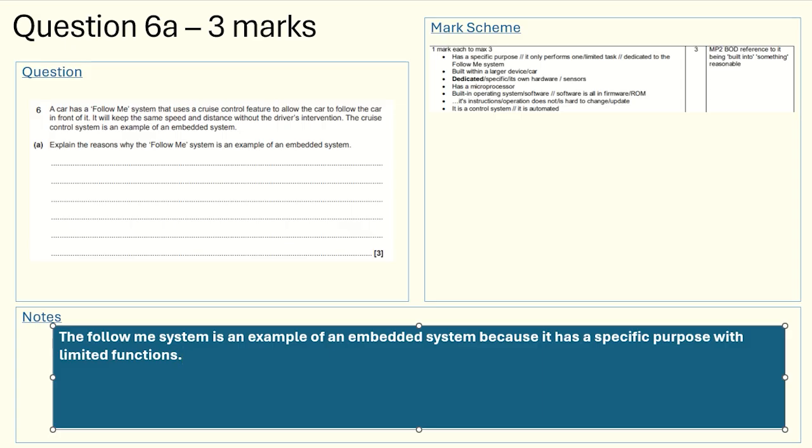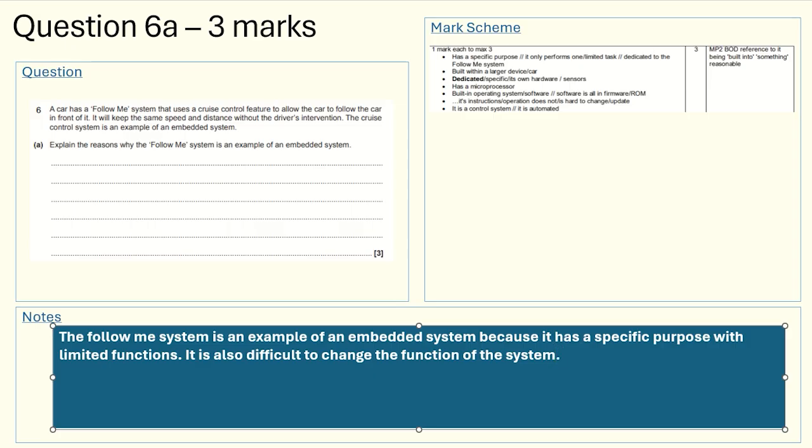We could also say that it's difficult to change the purpose or the function of the system. A bit like a washing machine, for example, is an embedded system because it's difficult to make it do something else. It can only be a washing machine. It can't be anything else. So we can't program it to do other things, really.